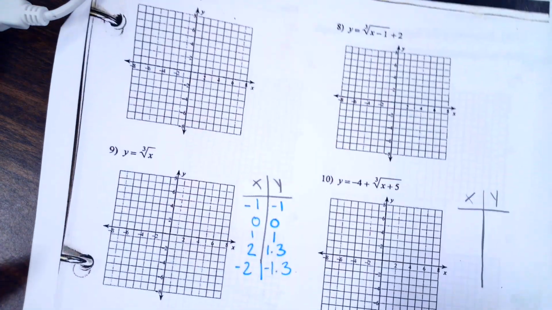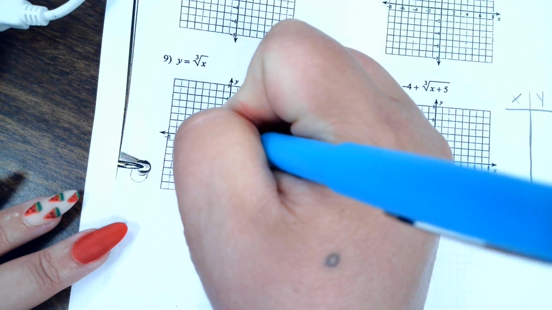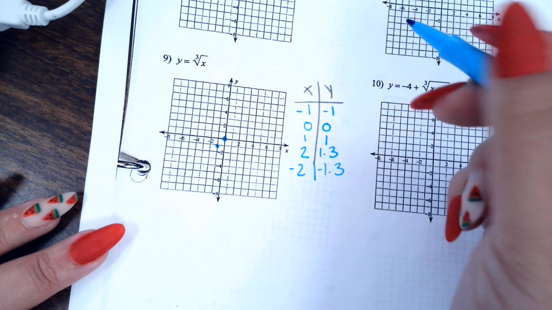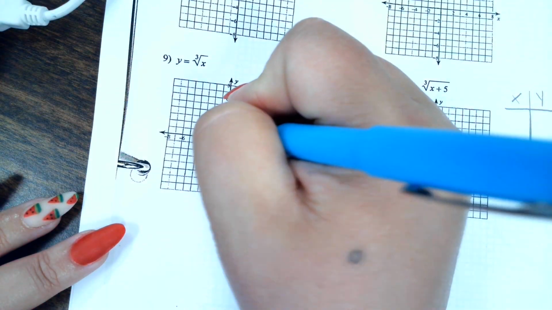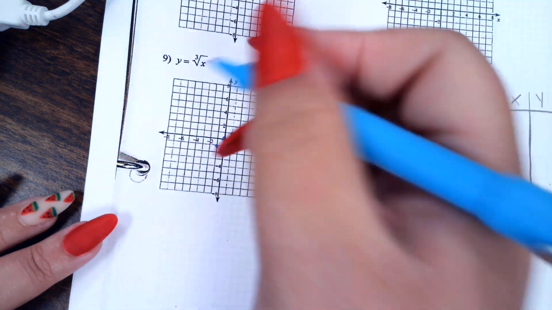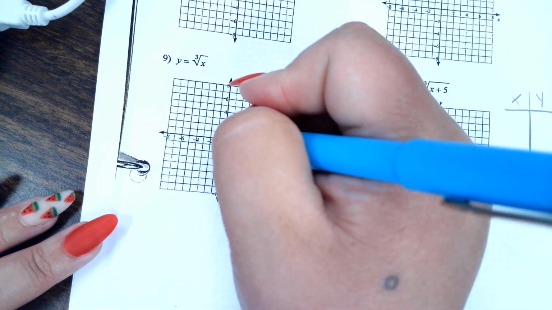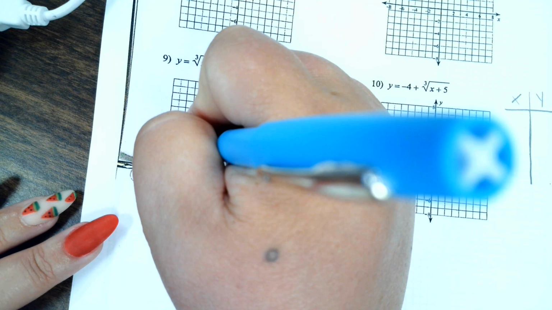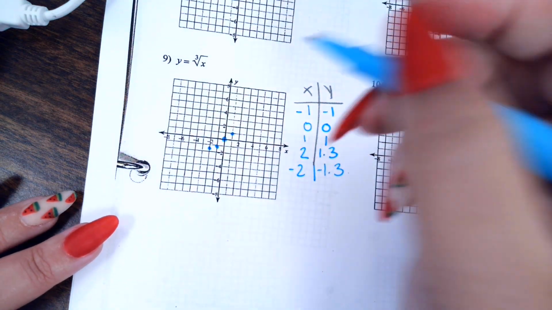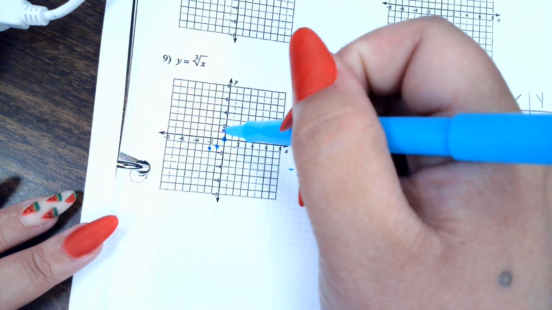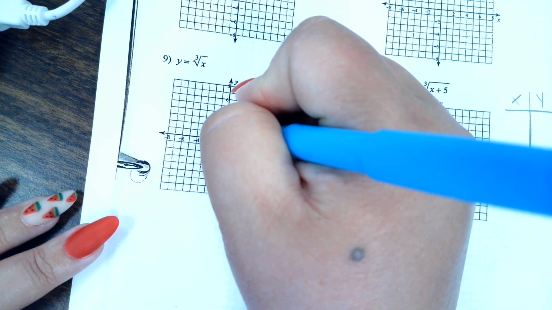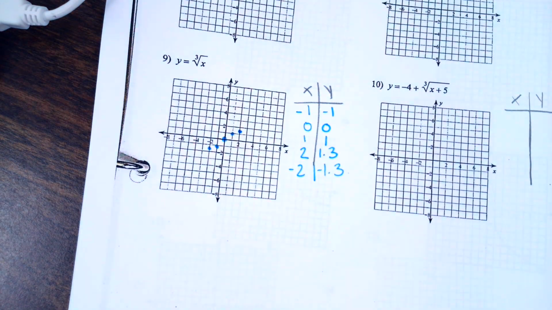All right, let's graph these. So 0, 0, negative 1, negative 1, 1, 1, negative 2, and then 1.3, positive 2, and 1.3. So we've got all these points here.